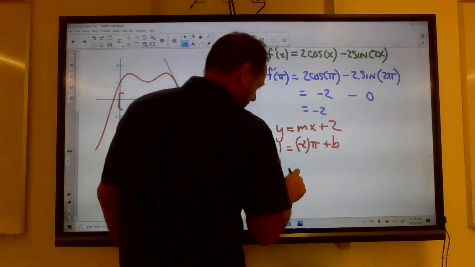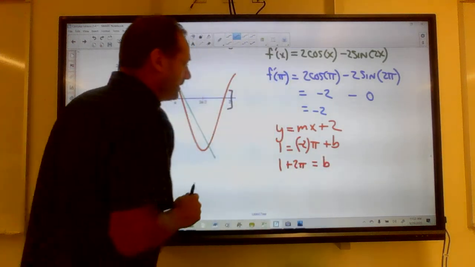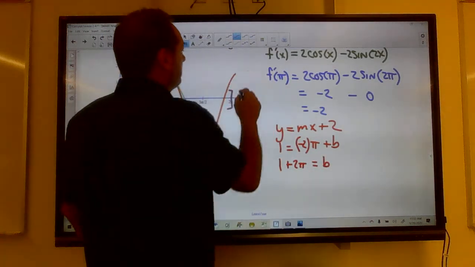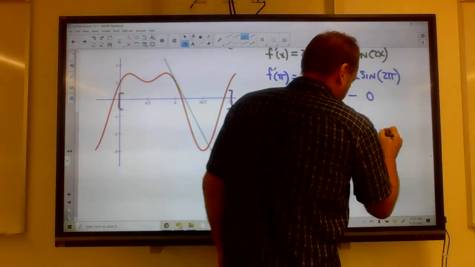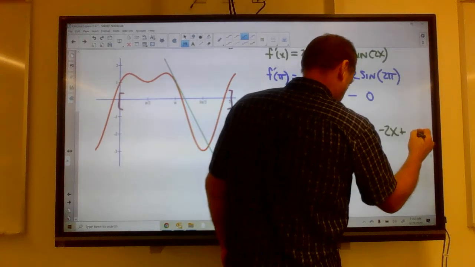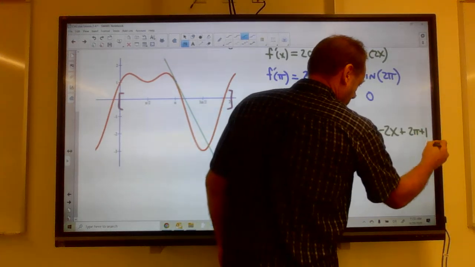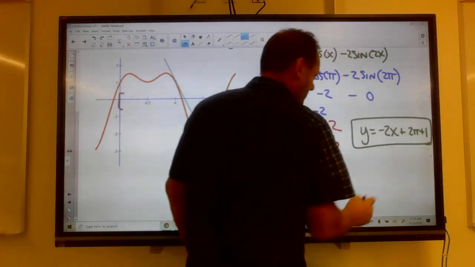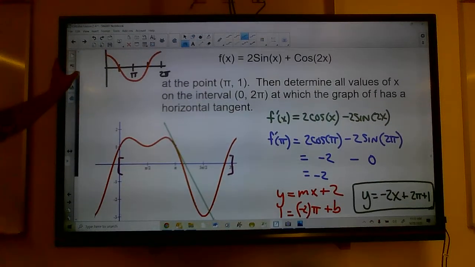So b is 1 plus 2 pi. So my equation of my line then is y equals negative 2x plus 2 pi plus 1. So I've checked off the first thing.